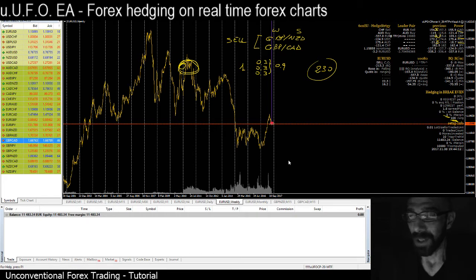What else to say? This is a simple strategy, a simple application where I did not have to open all the pairs that you may see in this panel, but just have a quick view on the currencies.